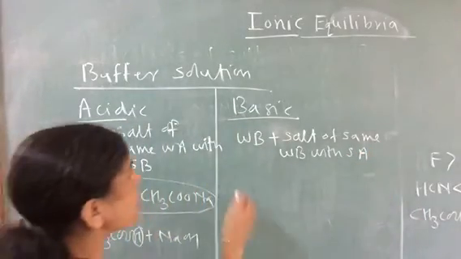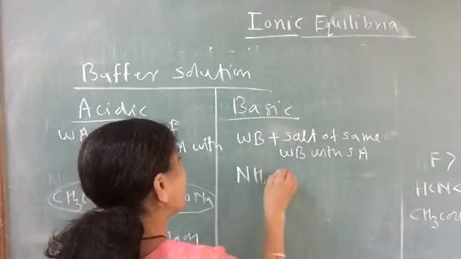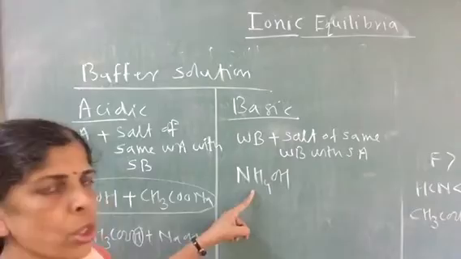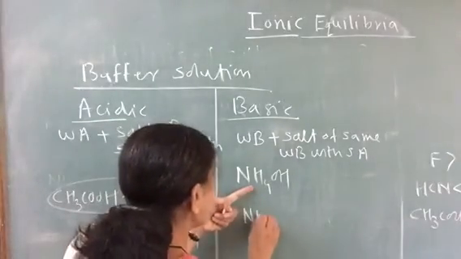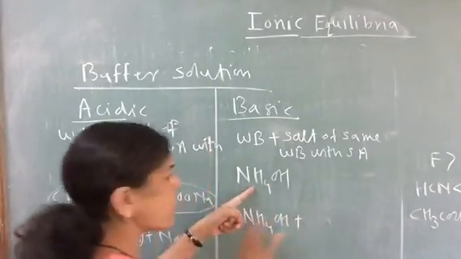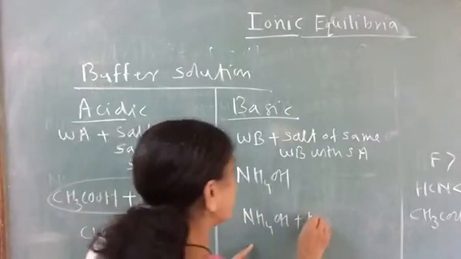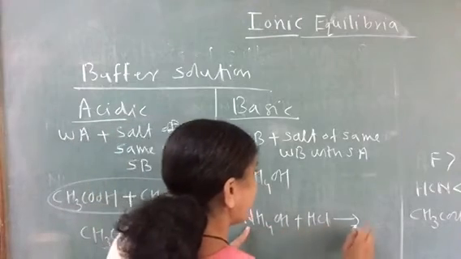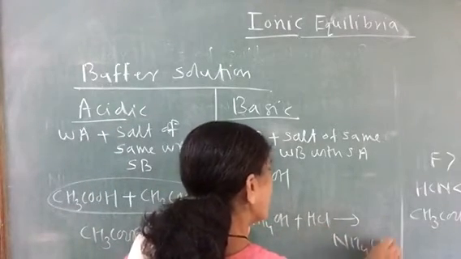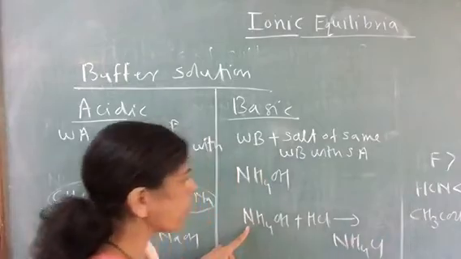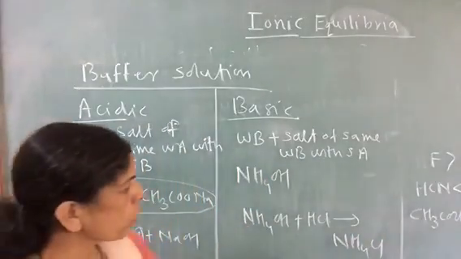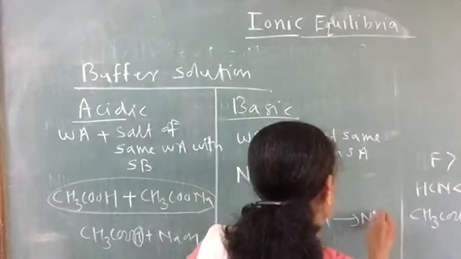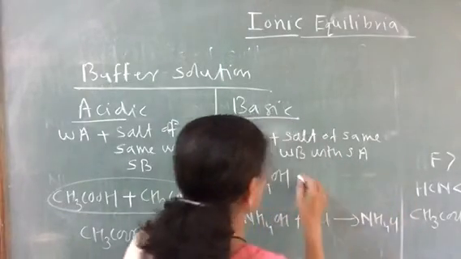If the weak base is NH4OH and we take a strong acid like HCl, acid plus base gives salt plus water, so we get NH4Cl, the salt obtained from this particular base.